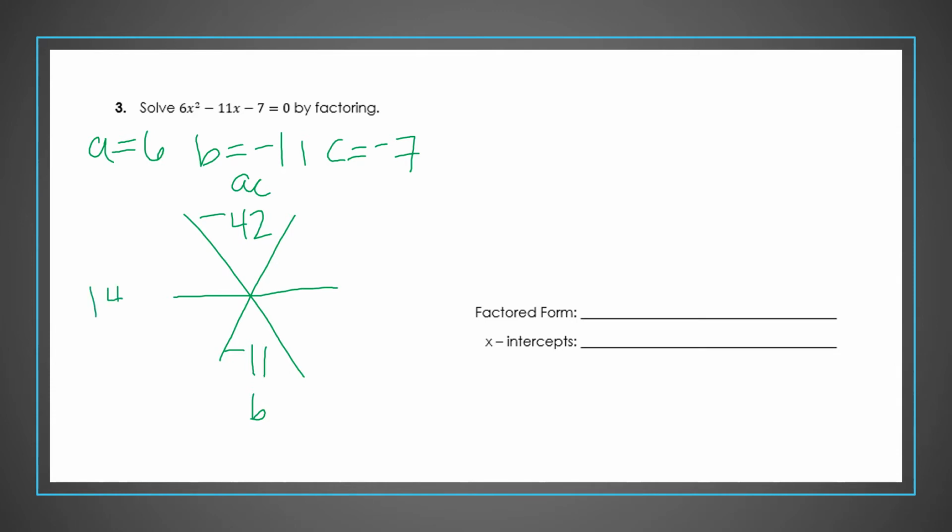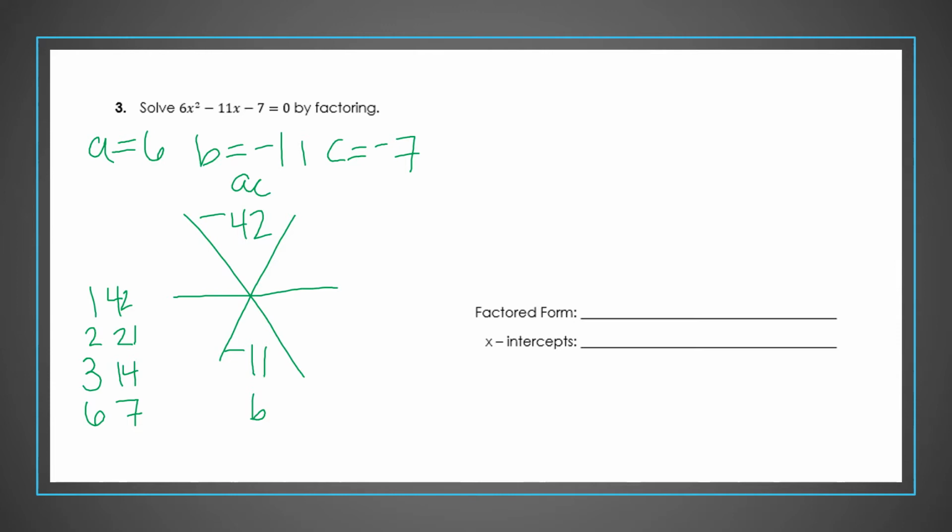So we've got 1 and 42, 2 and 21. Let's see, 3 goes into it 14 times. 4 does not go into it, 5 does not go into it, 6 and 7, and then that would be the final pair.